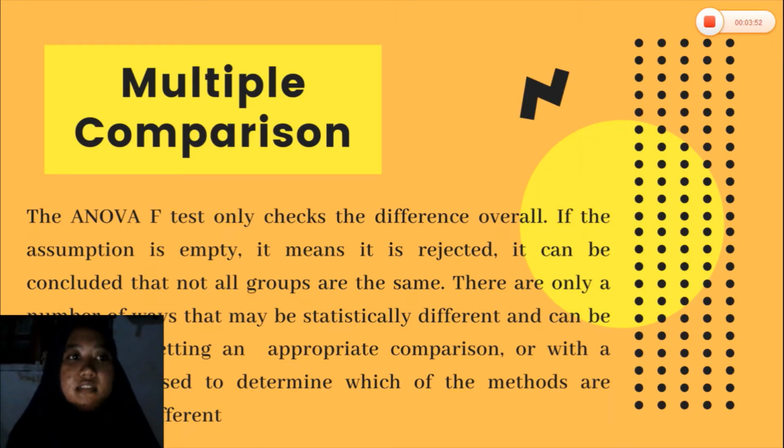It can be concluded that not all groups are the same. To determine which means are statistically different, we can set up an appropriate contrast or use a multiple comparison procedure to determine which of the means are statistically different.